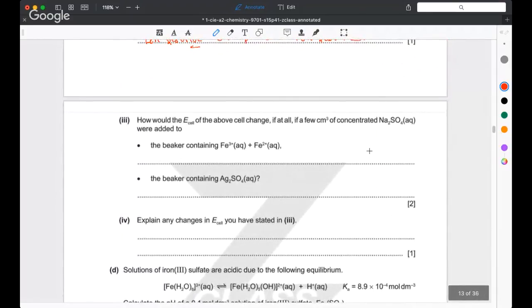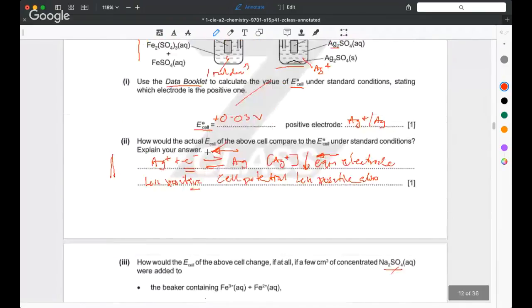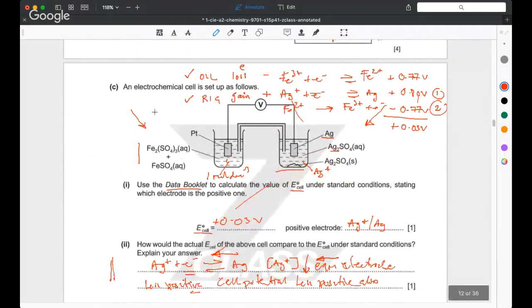Okay, so coming on to this next section here, we're adding a few drops of concentrated sodium sulfate, which is completely dissolved in solution. Now, on the left-hand side here, the equilibrium is this one, isn't it?